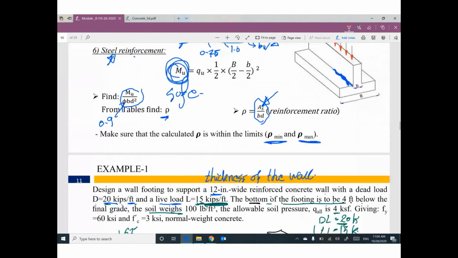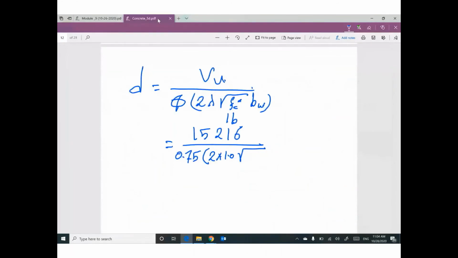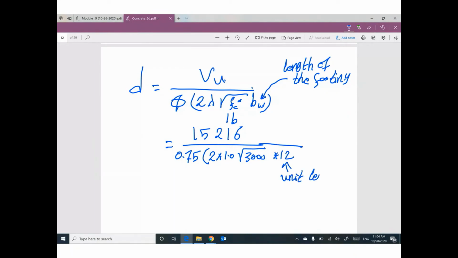the value of f prime c is 3,000. B web here means the length of the footing. You are talking about unit length, so this value will be 12 inch, unit length for the footing.